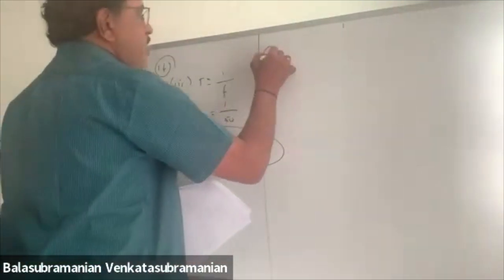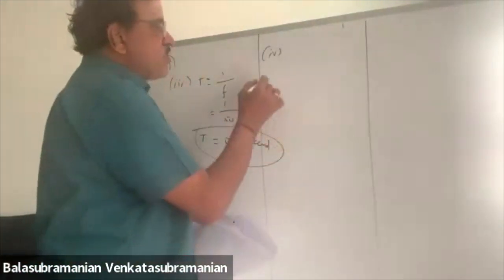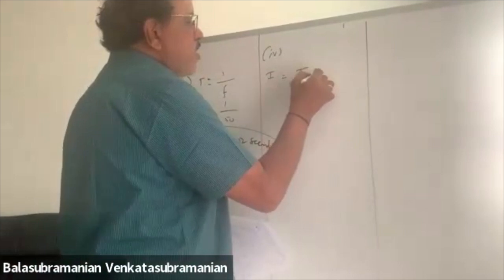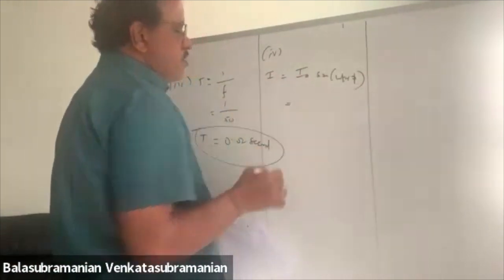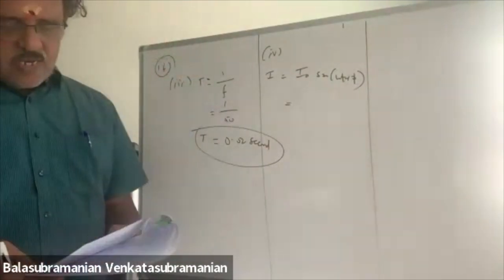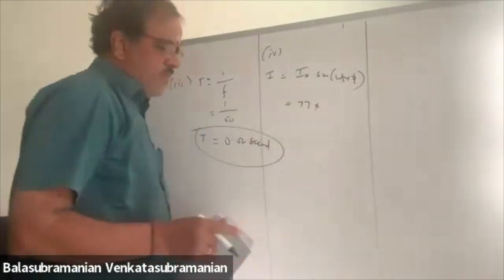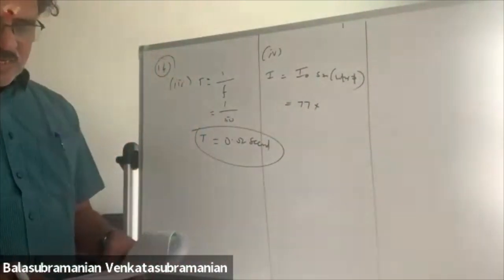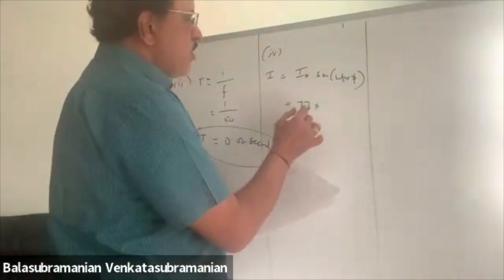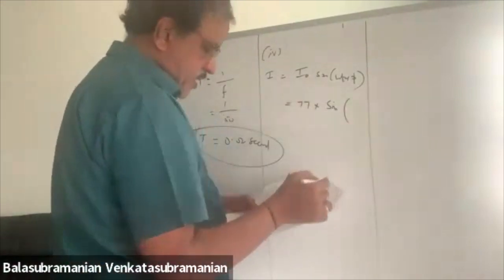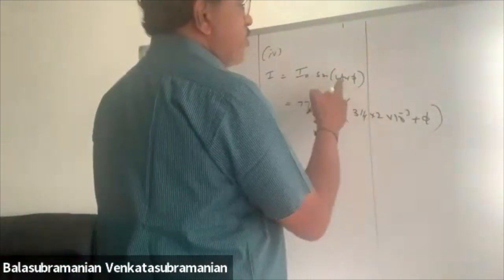Instantaneous voltage and current. What is instantaneous current? I is equal to I naught sin omega t plus phi. What is I naught? 77. I naught or I maximum? 77 ampere. Next, sin omega t plus phi. Omega is nothing but 314. 77 sin 314 into 2.